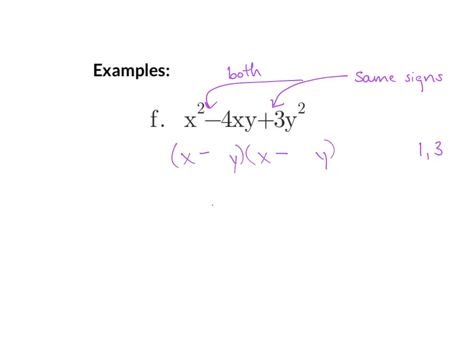Remember that if we are having same signs, we want to add and keep the sign. Since these do combine to 4, those are going to be the ones that I want. So you can either write x minus 1y, or just x minus y, and x minus 3y. I'll leave this one to check on your own.